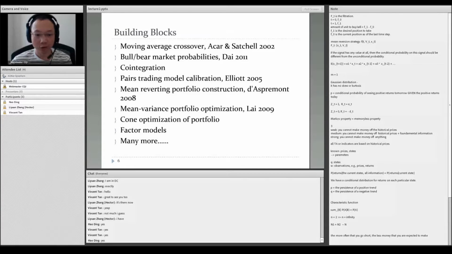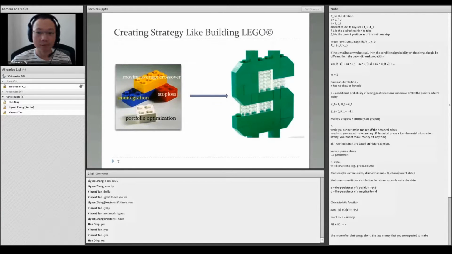Again, what I try to say is, creating strategies should be just like playing Legos. All you need to do is put building blocks together to construct a new strategy. You should not need to program everything nine by nine from scratch. This is the key to quick prototyping, and this is the key to success, as we shall see.